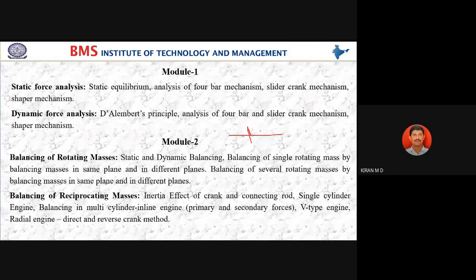If it is a different plane, the force is here and your balancing force is there. Is it clear? Yes, sir. That is the concept. This is our disturbing force. If you make the balancing here, that is the same plane concept. If you make the balance elsewhere, it is the different plane concept. Now it is only one force. If you have other forces, for example one at 90 degrees, one at 60, or one at 120, and you make the balancing in the same plane, that is the same plane.